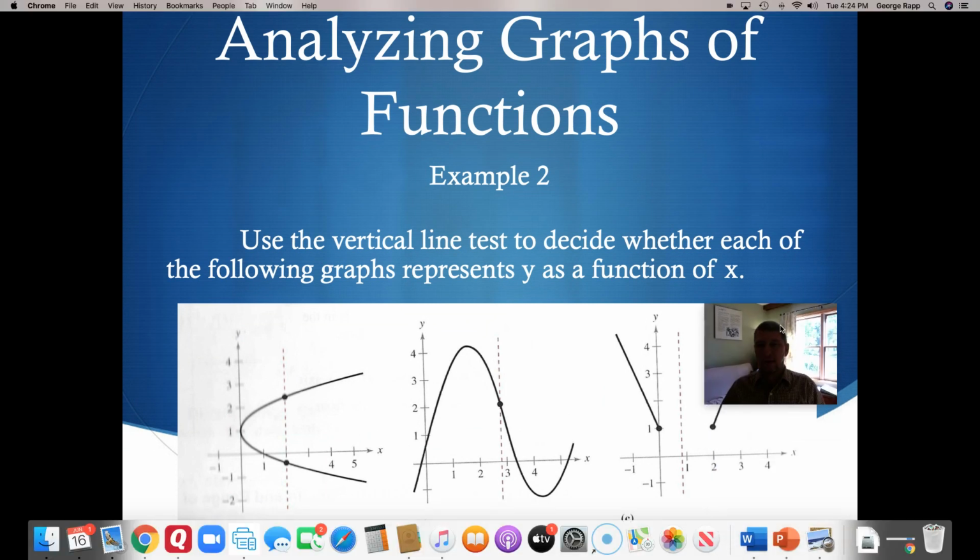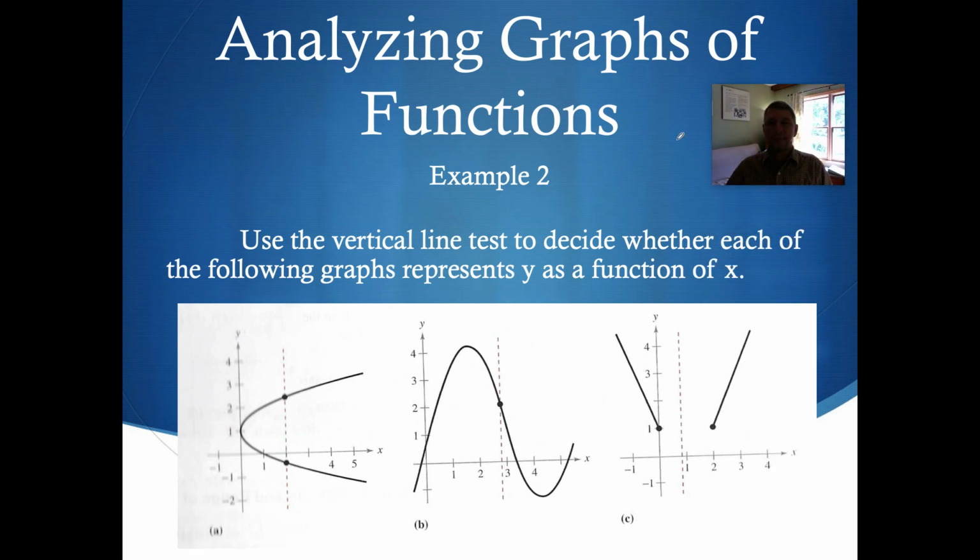Let me get my ugly mug out of the way here. But let's have a look at example number 2, and it says use the vertical line test to decide whether each of the following graphs represents y as a function of x. Okay, so obviously in graph A, I'm actually hitting the relation at this point and at this point.